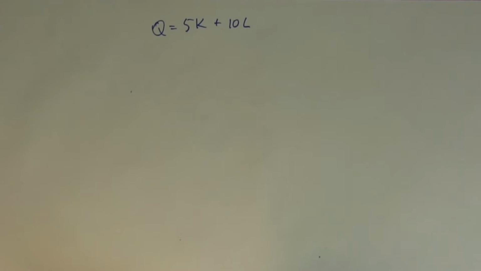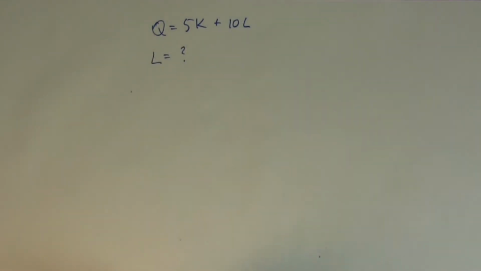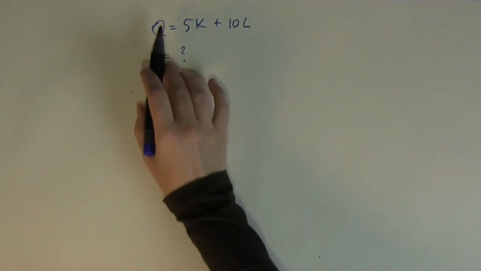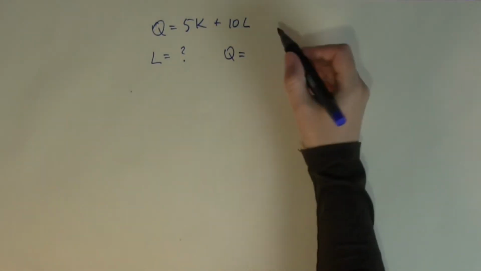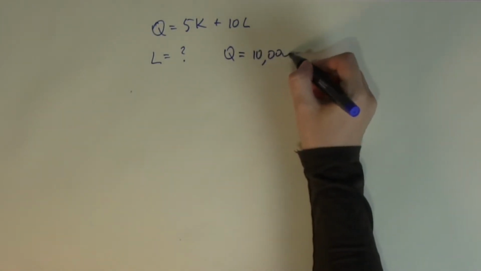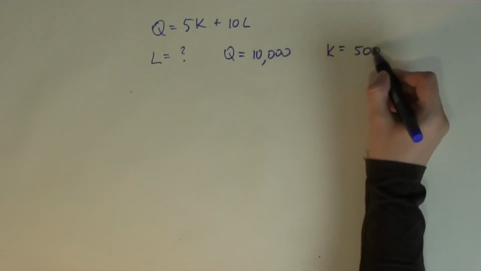So let's establish what we know and what is the question. How many units of labor are applied? So what we're looking for is capital L, when the total output, well, Q is the demand or sometimes also output, is 10,000 and capital is 500.